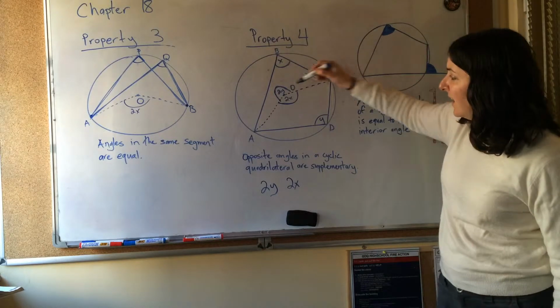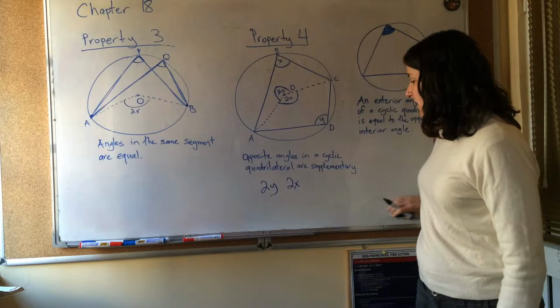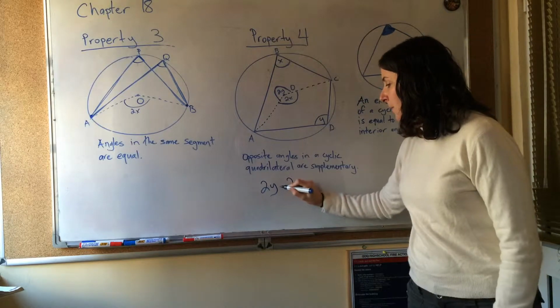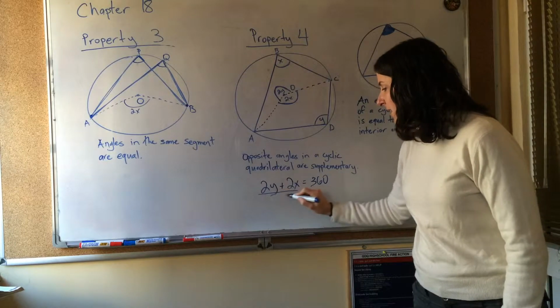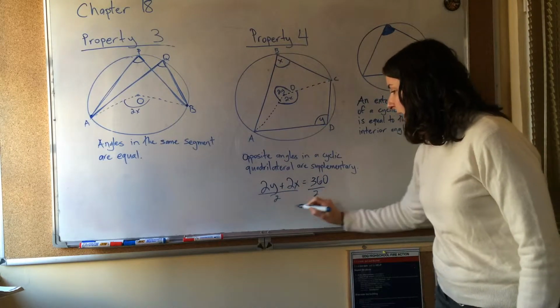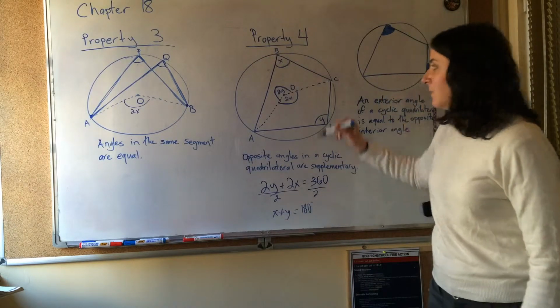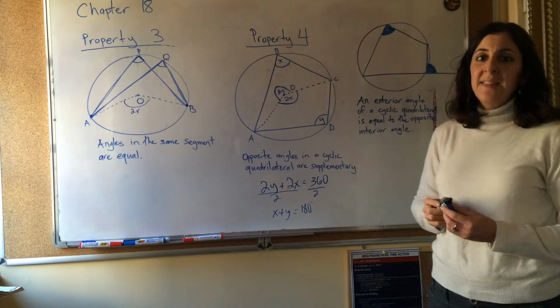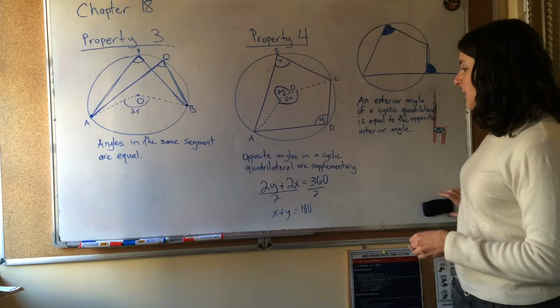We know that a circle, if we completed this, is going to be 360 degrees. So we can say 2y plus 2x equals 360 degrees. If we divide everything by 2 to simplify it, we have x plus y equals 180 degrees. And we've just proved why those two angles, the opposite angles, are supplementary. So that's going to explain that one.